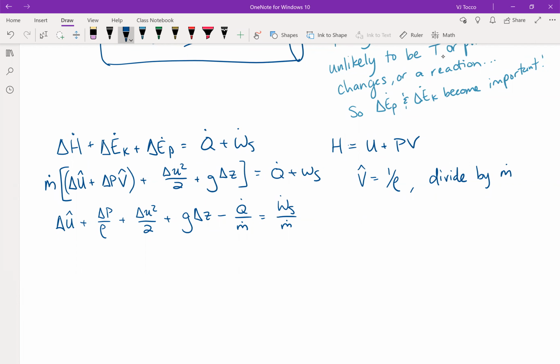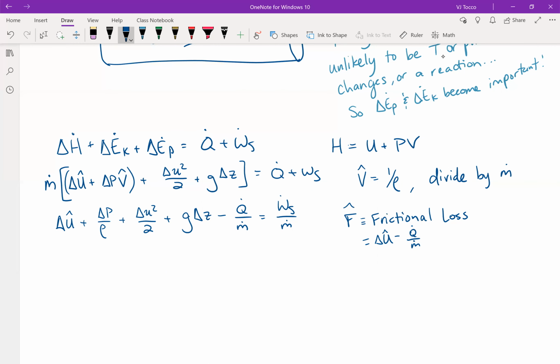I've also brought the Q over to the other side, Q dot divided by m dot. The next step is I'm going to define the frictional loss to be F hat. This is frictional loss, and I will define it to be equal to the change in specific internal energy minus Q dot over m dot. Frictional loss, and this is equal to delta U hat minus Q dot over m dot.